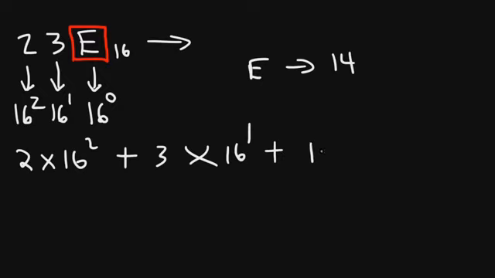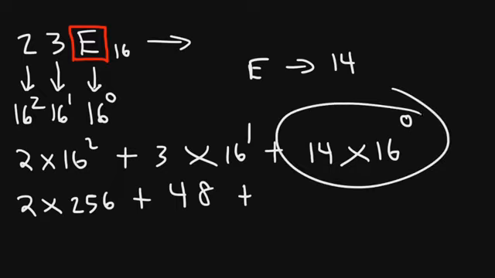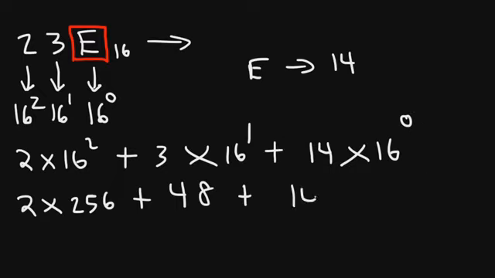So this is going to be 14 times 16 raised to the 0 power. Now we just have to do some math. 16 squared is 16 times 16, so that's 256. 3 times 16: 3 times 10 is 30, 3 times 6 is 18, so 30 plus 18 is 48. Anything raised to the 0 power is 1, so this is really 14 times 1, which is 14.